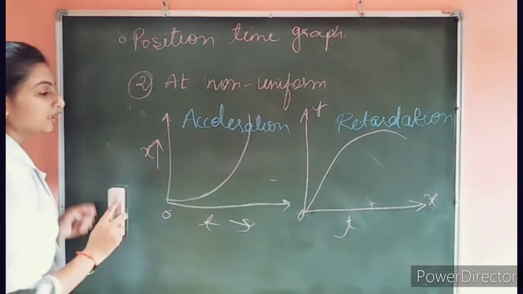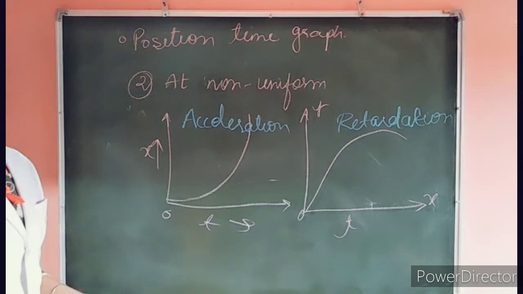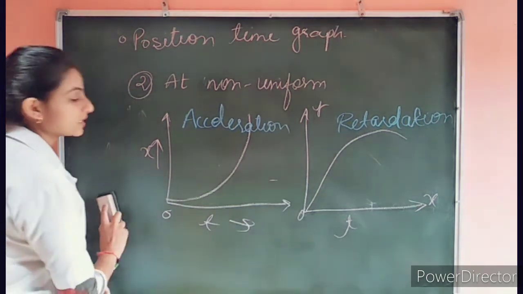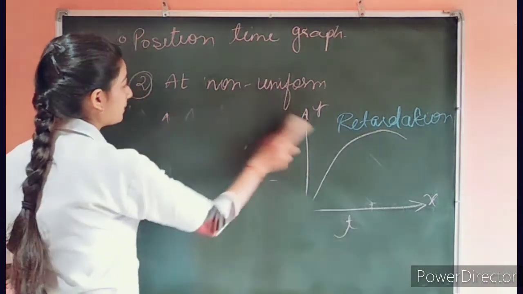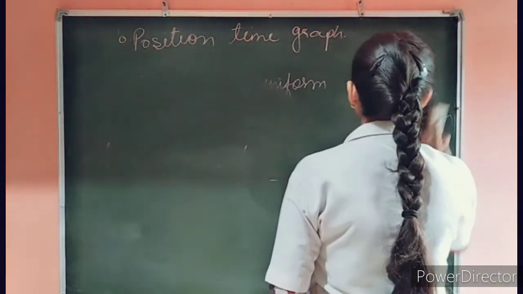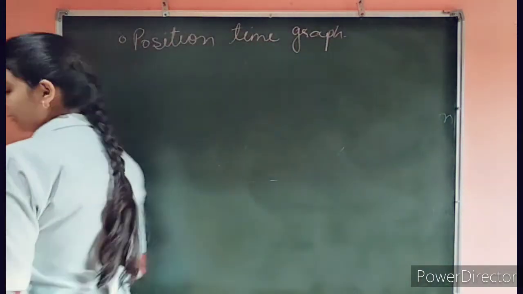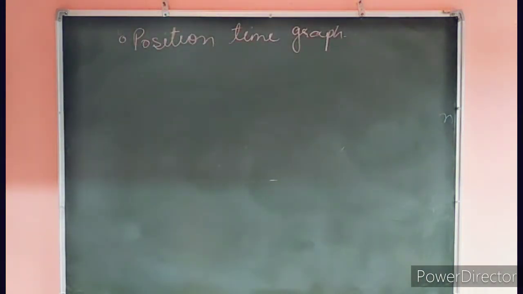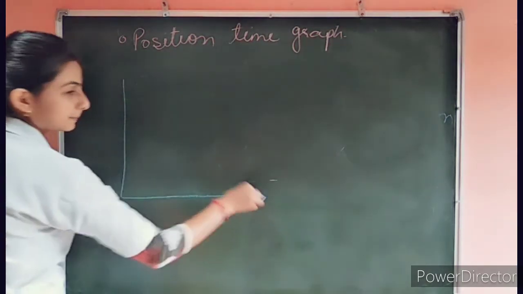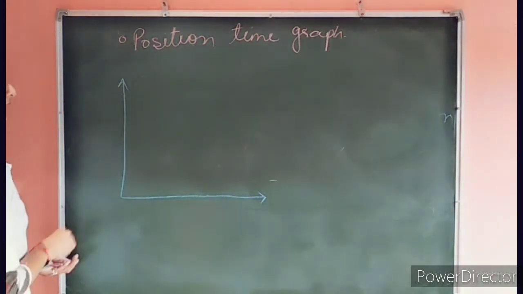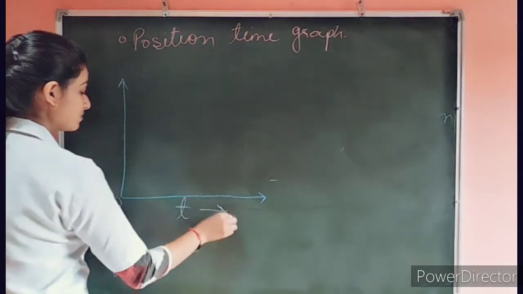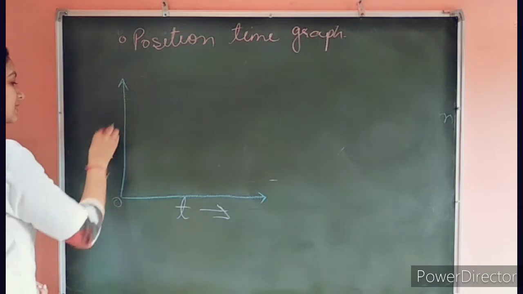Now with position and time, we get the velocity. So, calculation of velocity with the position time graph. This is time t and this is distance x.